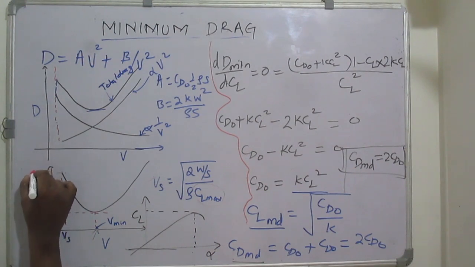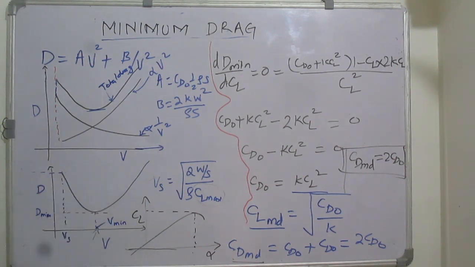So this drag cannot be neglected or taken as minimum. A considerable quantity of drag will be there at the stalling velocity, because of the increase in lift.